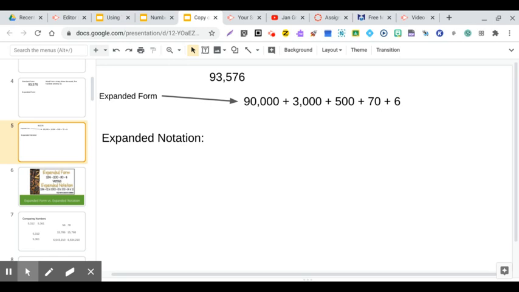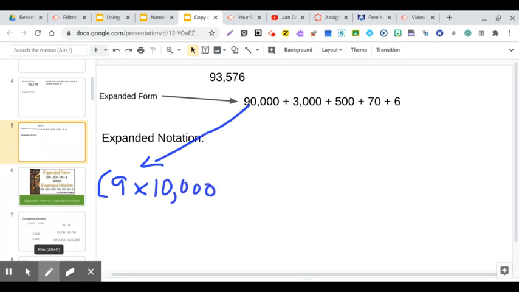Okay? Now, I'm going to again do this two ways. I'm going to do it the correct way first so you don't get confused. And I'm going to start here, and I'm going to take 90,000, and I'm going to write down the 9 times, and then I'm going to turn it into 10,000. Why?